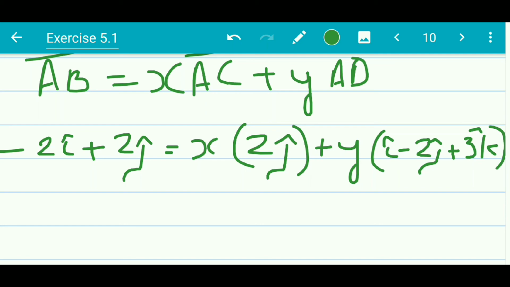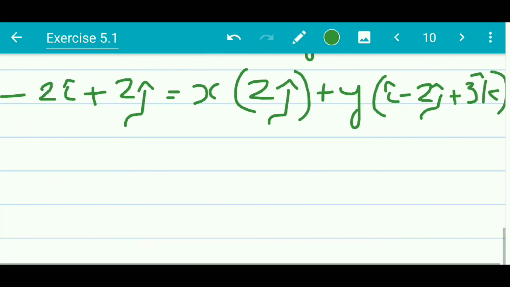As you write in your notebook, you will understand the steps also. Now listen carefully, what do we do over here? We take the terms containing i together, the terms containing j together and the terms containing k together in the RHS. LHS of course remains as it is.